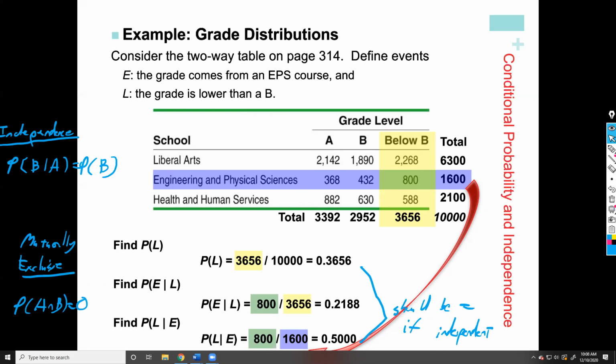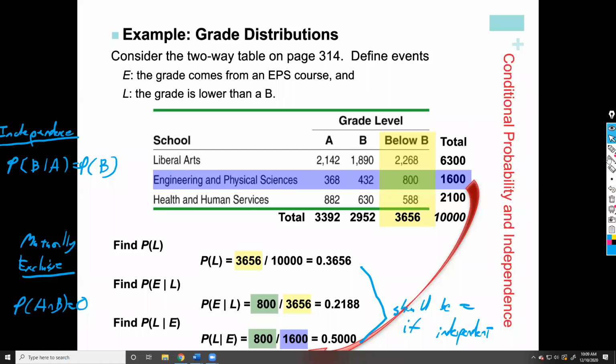It changes your guessing game of, if I'm telling you this information, does it change your chances of them having a low grade? Well, in this case, it does. So those are not independent.